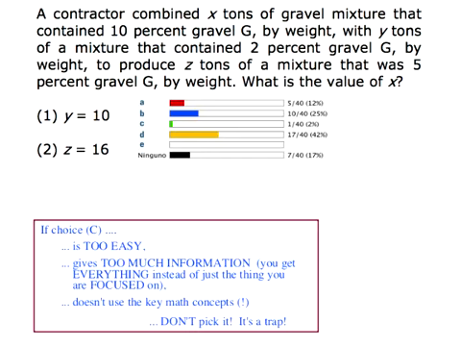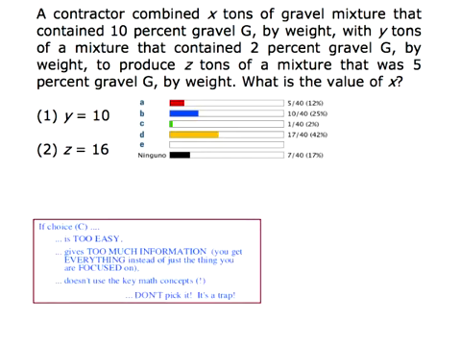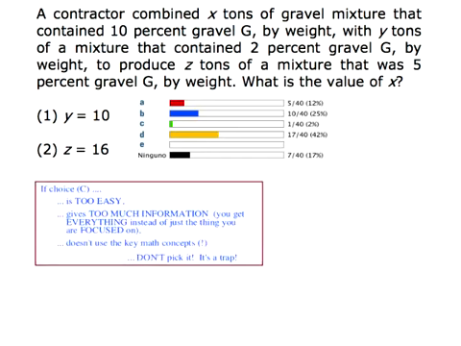There's a lot of words in this problem, but the thing you need to realize when you first walk through the problem is that this plus this is Z. Z is just the sum of X and Y, because you combine X tons with Y tons to get Z tons.